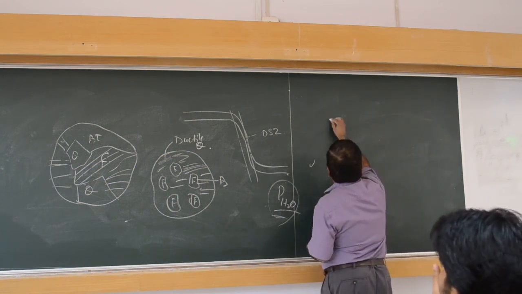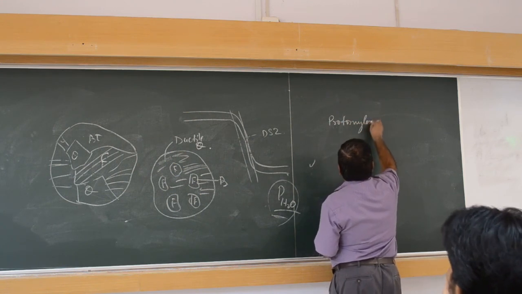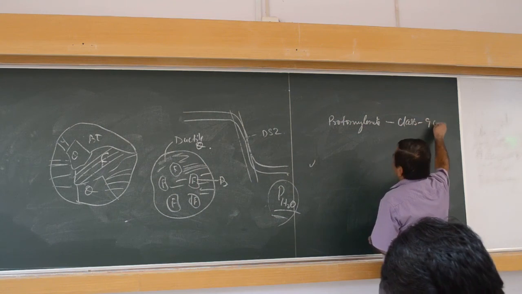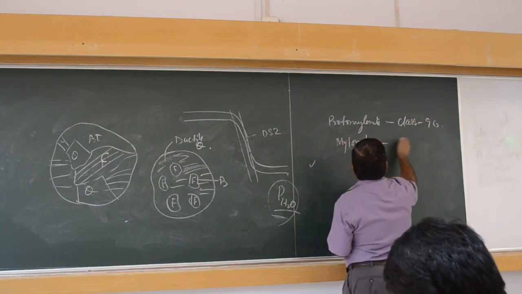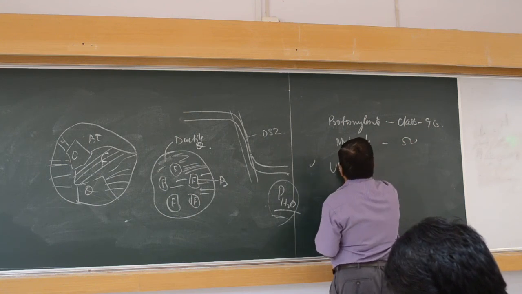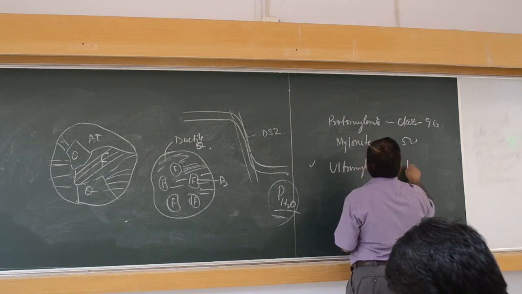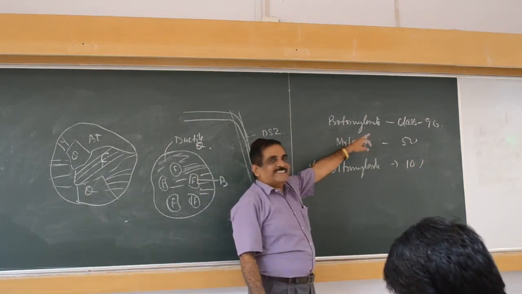Now we can classify a protomylonite where clasts are 90%, then mylonite 50%, ultramylonite 10%. So suppose somebody asks you, what are these clasts?